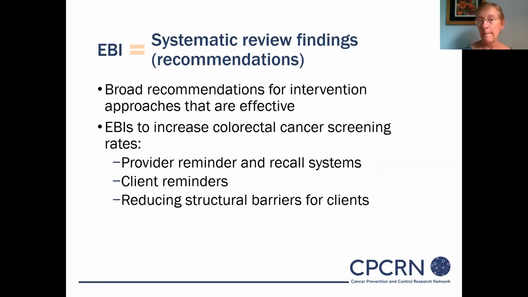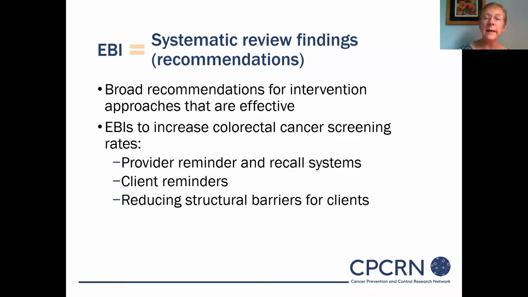Next. So we're going to go through these two types of evidence-based interventions, and the first of them is systematic review findings. And these are broad recommendations for intervention approaches that are effective. It's the strongest type of evidence because it's based on a particular type of intervention and findings across multiple studies that use that type of intervention.